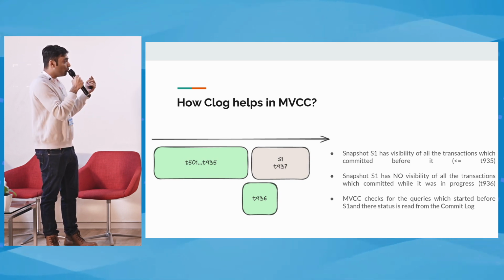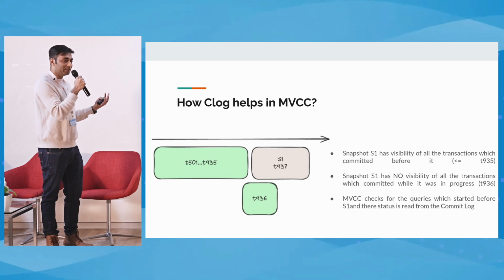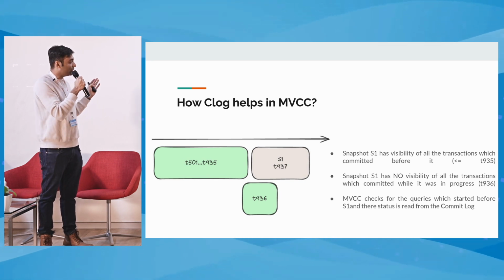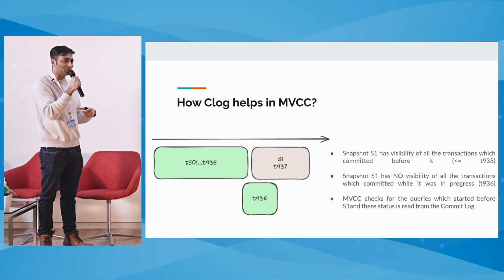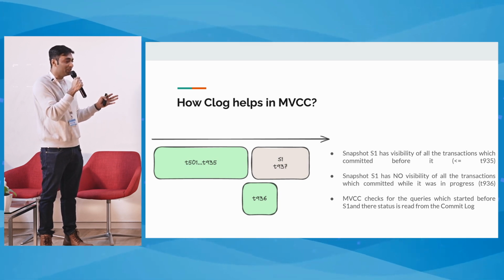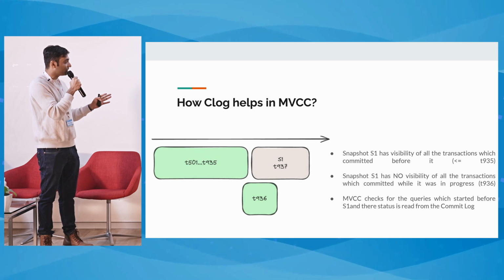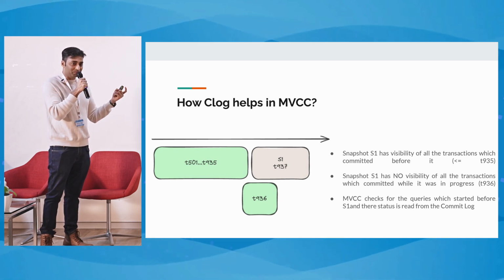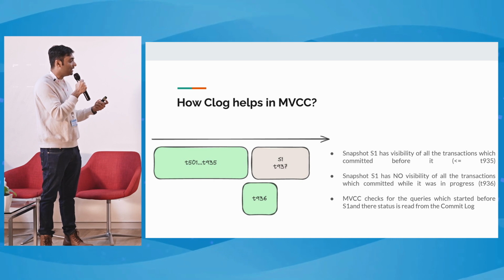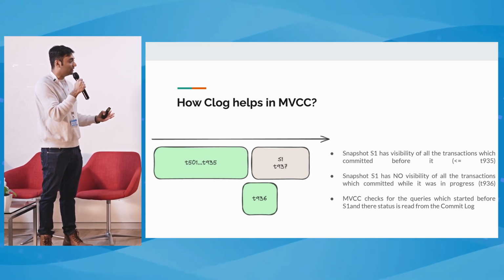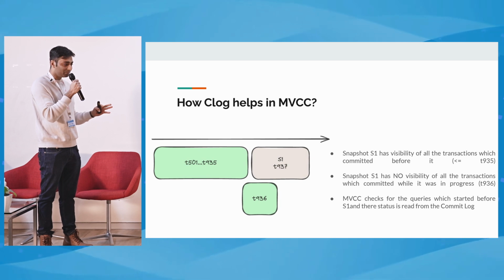Once it gets that information, it also caches it, because it's not efficient to go to a different directory, a different page, and do a lookup. So that information is persisted while the transaction is in progress. Essentially, this is where the commit log helps. It gives information to MVCC about the list of transactions which have been committed.